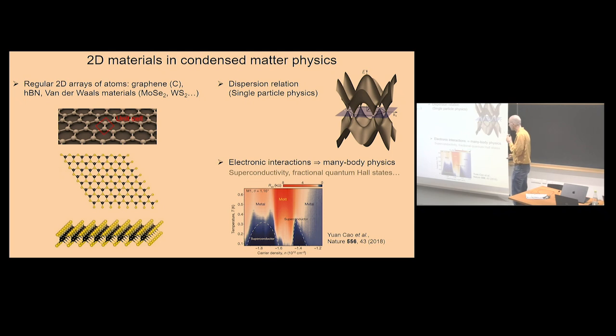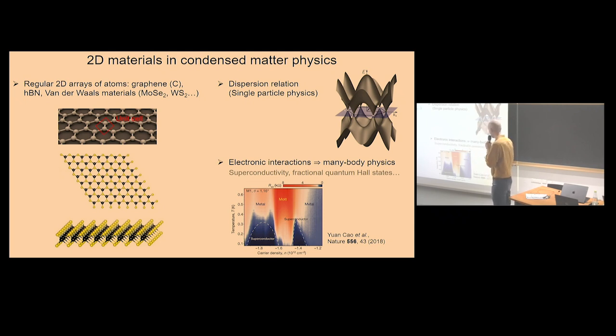I provide an example here from 2018, where some people at MIT took 2 sheets of graphene on top of each other, so the electrons interact, and then they changed a little bit the angle between the 2 layers, and at some angle called the magic angle, due to the strong correlations between the electrons, they realized that this bilayer material could become a superconductor, okay? And in such material, fractional quantum states have also been observed, so many-body physics can also be due to electron-electron interactions.